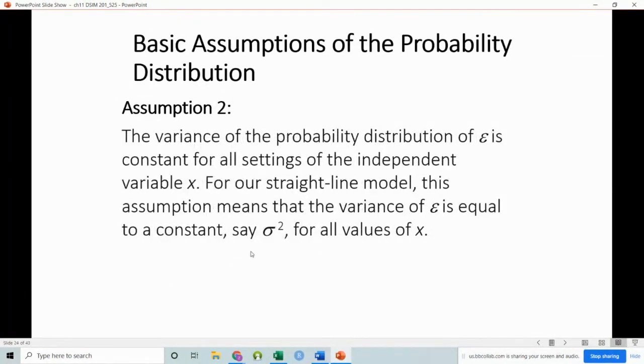Assumption 2, the variance of the probability distribution of epsilon is constant for all settings of the independent variable x. For our straight line model, this assumption means that the variance of epsilon is equal to a constant, say sigma squared, for all values of x.